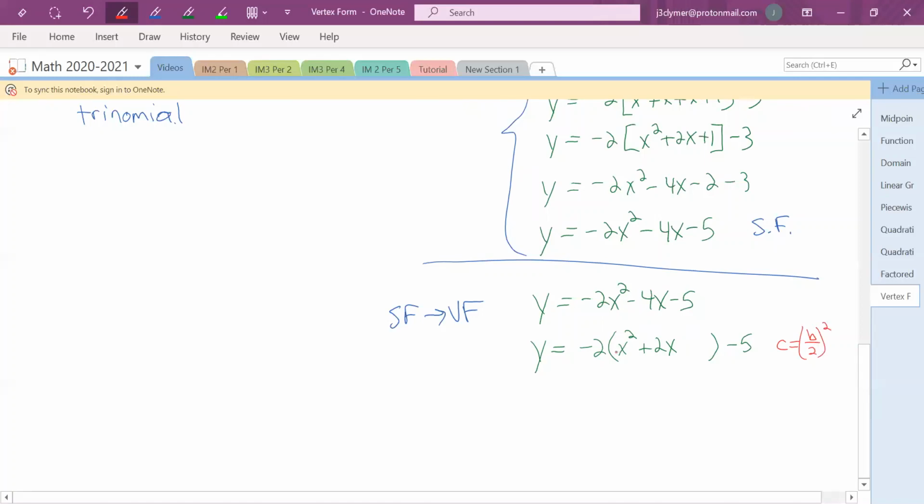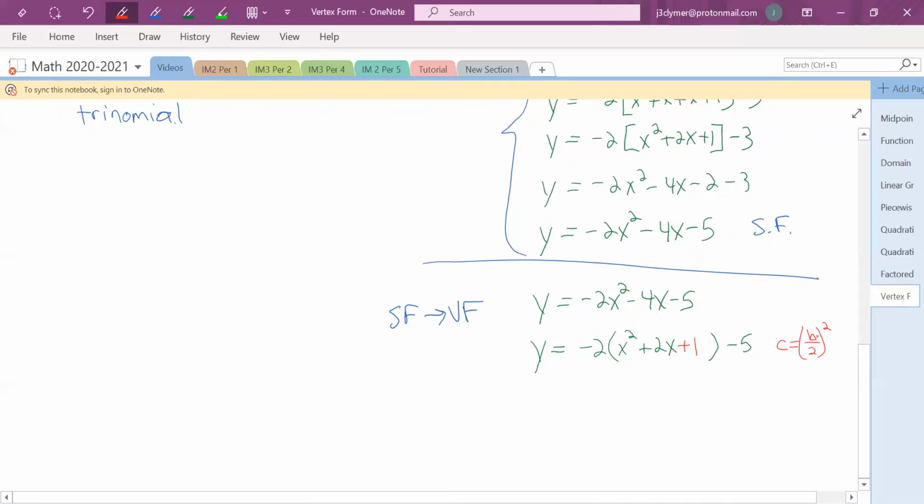All right, so now I'm using c in the context of this parentheses, so a in this case is 1, b is 2, and we're trying to figure out c. c is always going to be half of the middle term squared. So if I take half of the middle term, half of 2 is 1, and squared, it's going to be 1. So I know that my additional third term to come up with my special trinomial is going to be 1. And I know that because that's half of the middle term coefficient, squared.